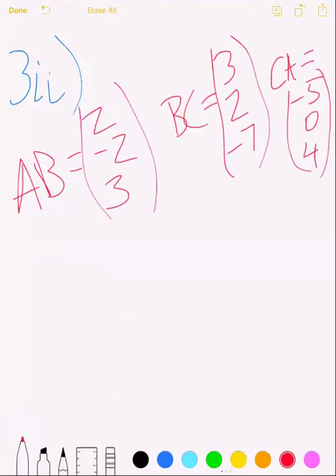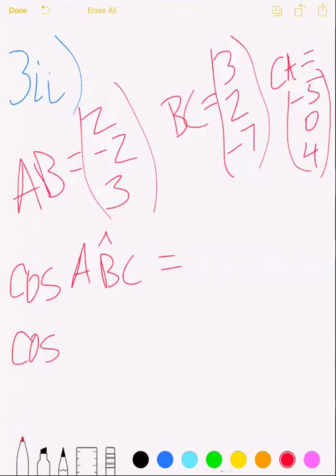From there, you use the formula that we just used to find the angle of 2 of the vertices of the triangle. So I found cosine of ABC, and then you can find the angle of cosine BCA.